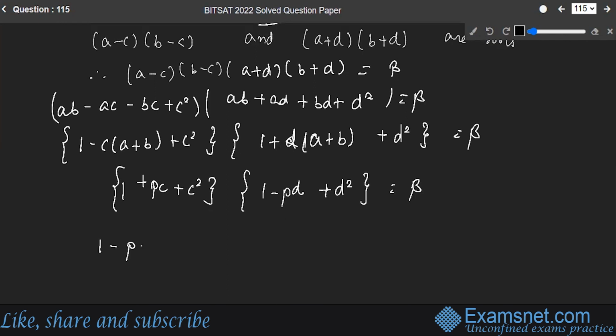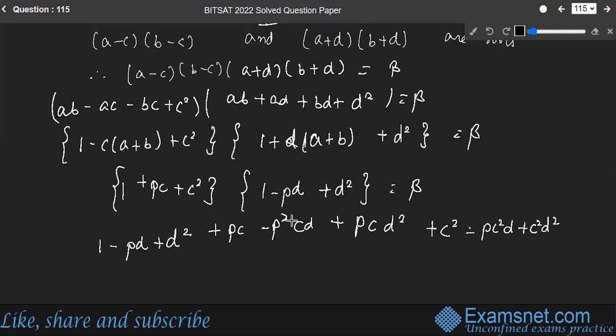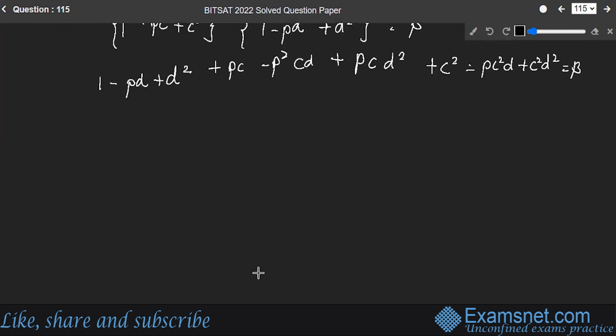I'm opening the brackets now: 1 minus pD plus D square plus pC minus p square CD plus pC D square plus C square minus pC plus pD... is equal to beta.